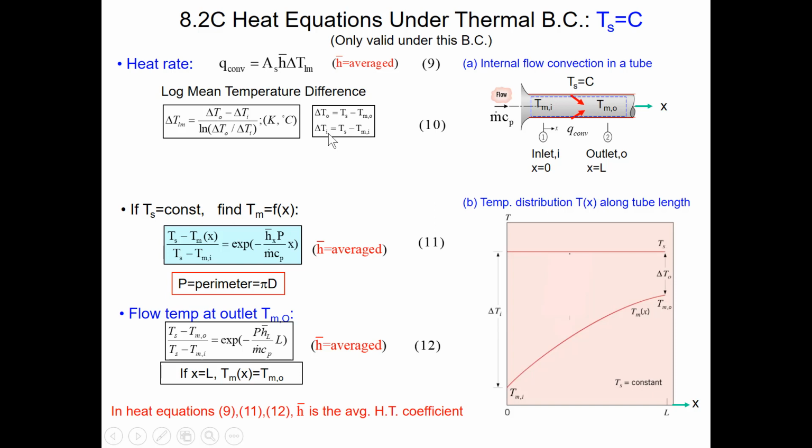ΔT_i is the temperature difference between Ts and flow temperature Tm,i at the inlet. Please note, equations 9, 11, and 12 all use the averaged heat transfer coefficient.